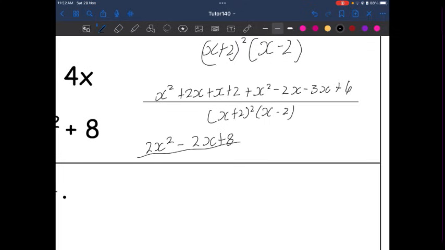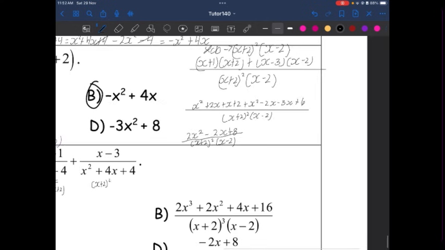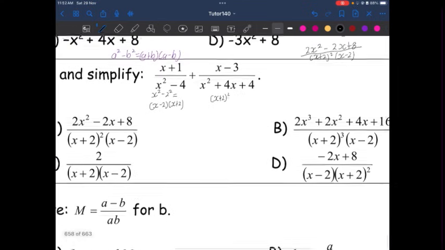And then we are dividing that over (x plus 2) squared times (x minus 2). So our answer is 2x squared minus 2x plus 8 over (x plus 2) squared times (x minus 2). And that is A.